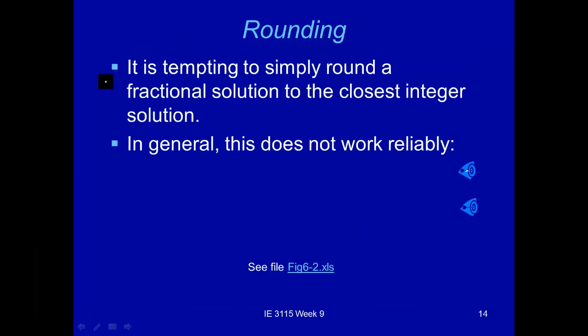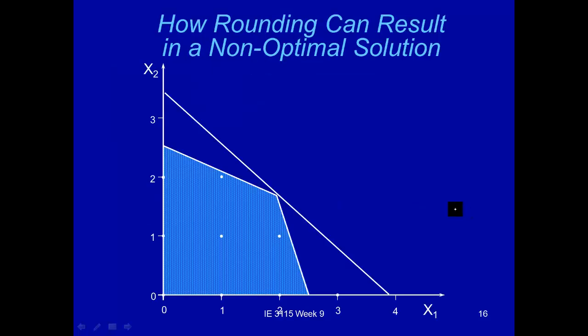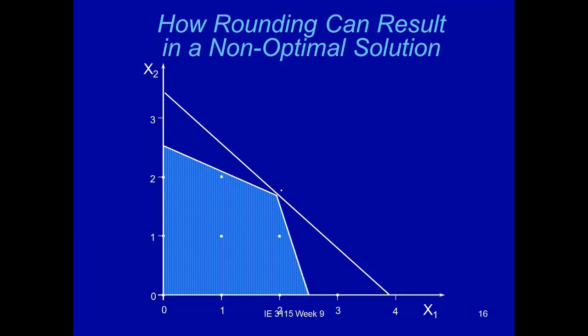That's the first situation. The second one, if you do get it to be feasible, it may not be optimal by rounding. The example is here. So this is the relaxation solution. It's here. So you can see x1 is already 2.